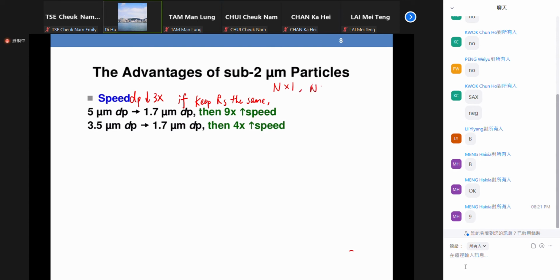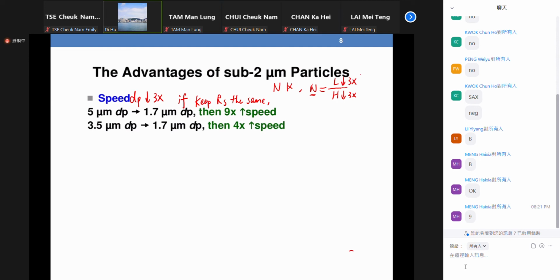Because N equals L divided by h, and h already decreased by 3 times. So if you want to keep N unchanged, you have to switch to a column with column length decreased by 3 times.